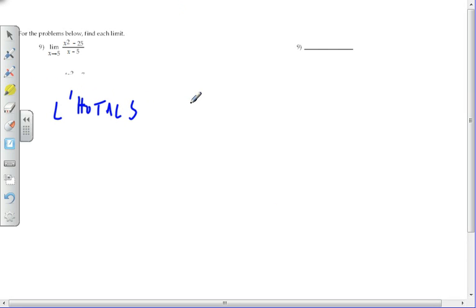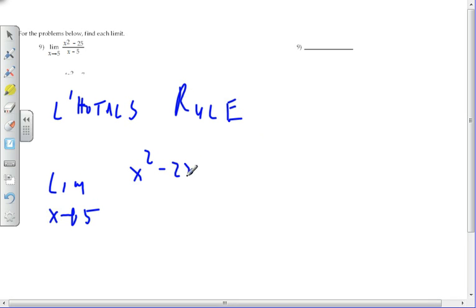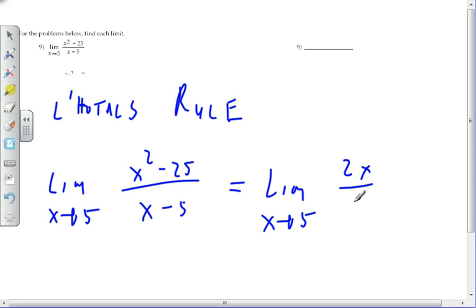And that's misspelled really badly. The L and the H are correct. L'Hopital's rule: the limit as x approaches 5 of x squared minus 25 over x minus 5 is equal to the limit as x approaches 5 of 2x over 1, and that's 10.